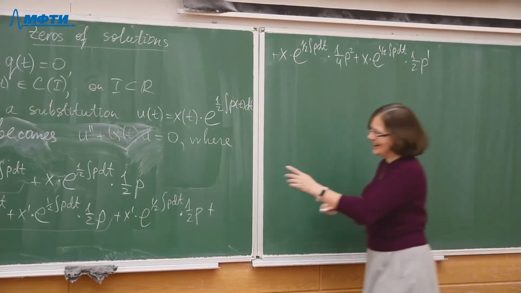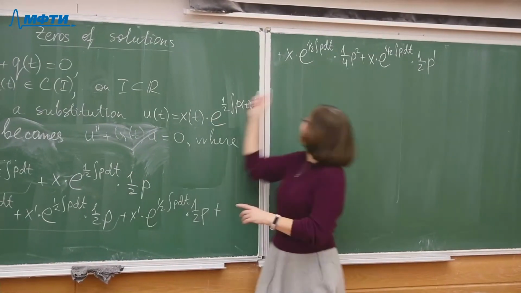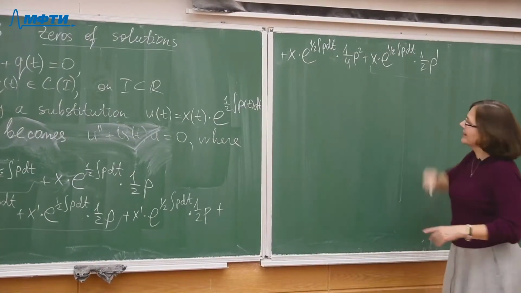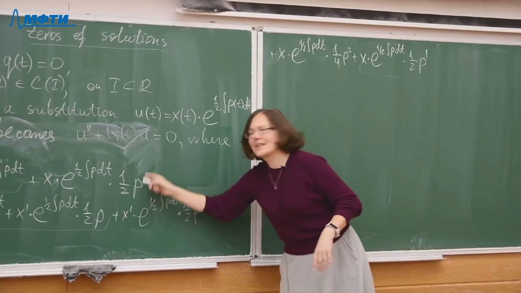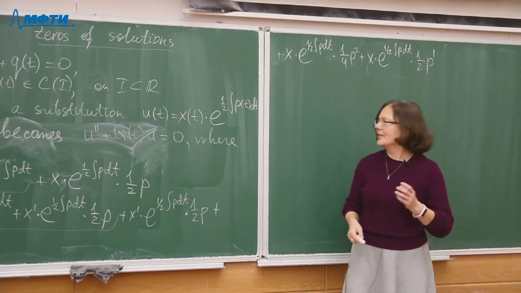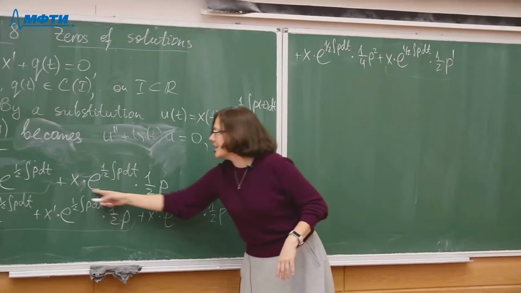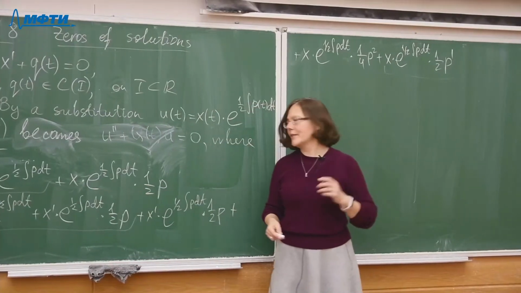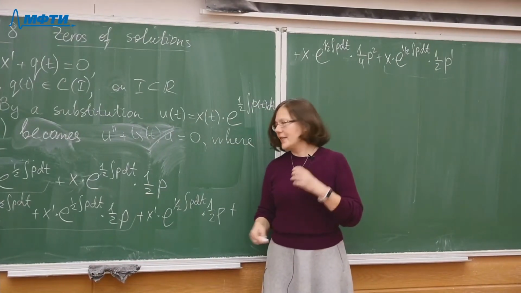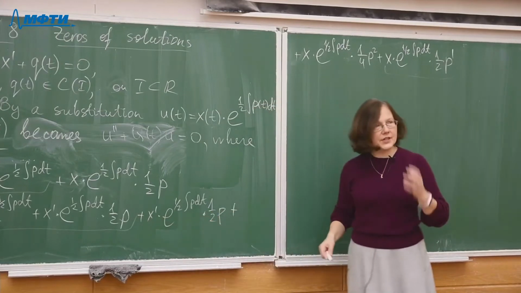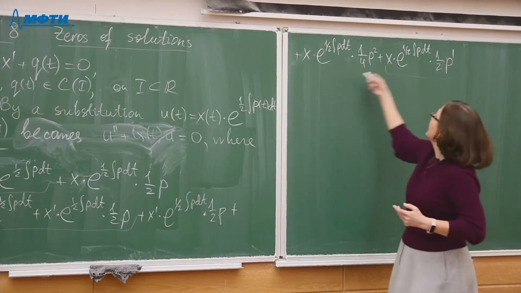So the last term: here we differentiate the last factor, right? Since this product involves three factors, the chain rule will give us three terms, 1, 2, and 3.